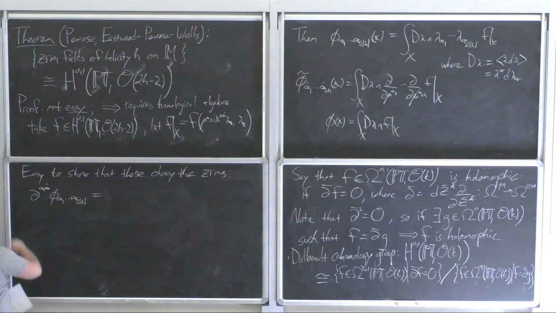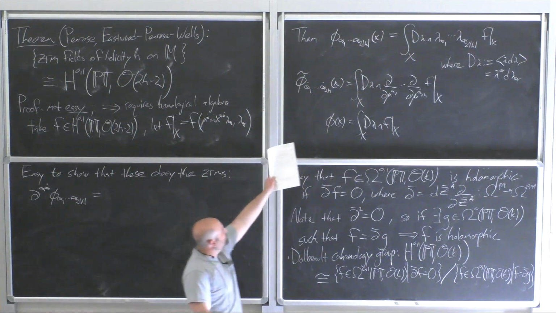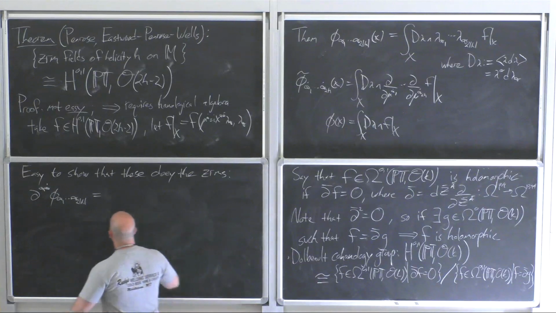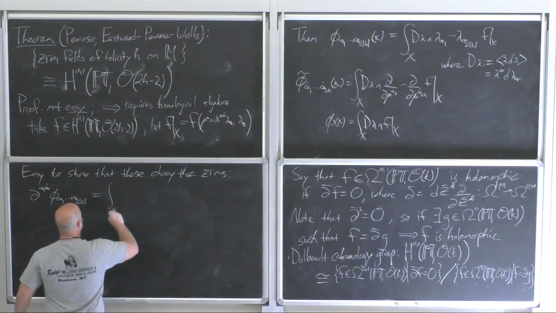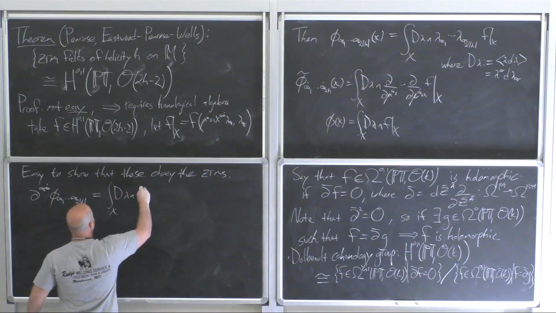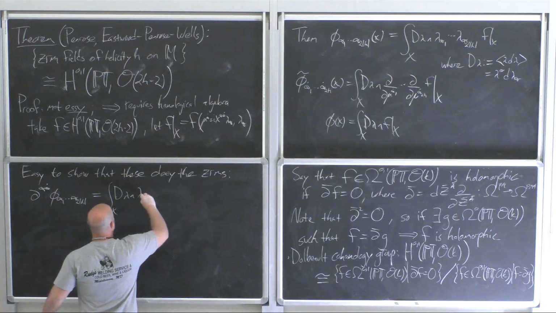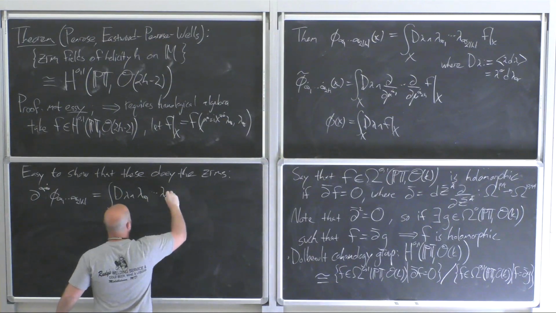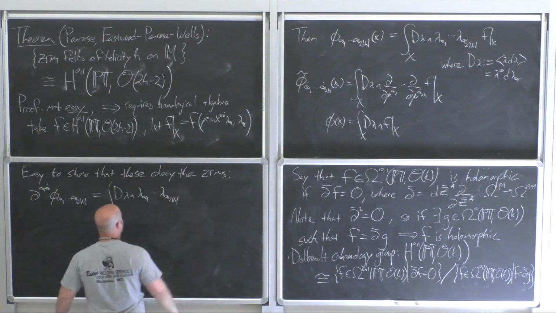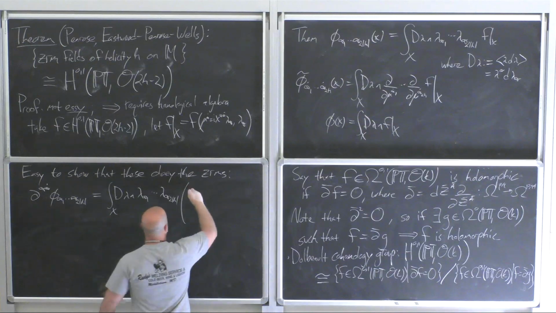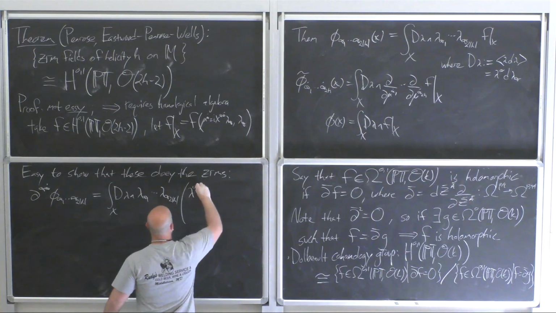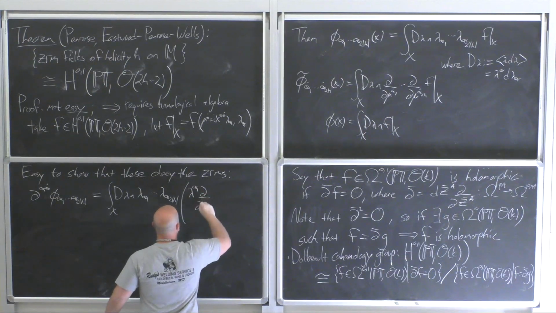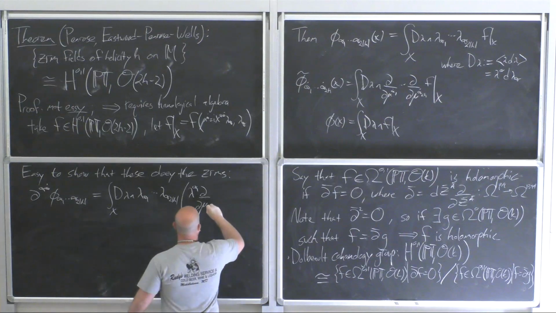I can bring this derivative inside of that integral using the incidence relations. So I have an integral over x, D lambda wedge lambda alpha 1, lambda alpha 2, up to absolute value of h. And then I have lambda alpha 1 d by d mu alpha dot.